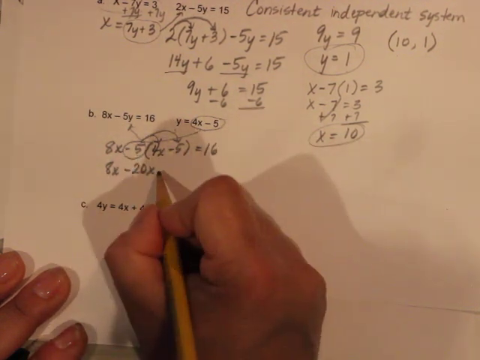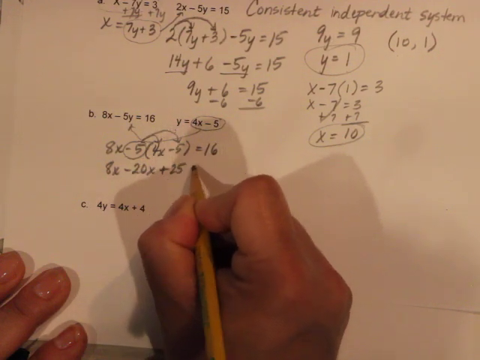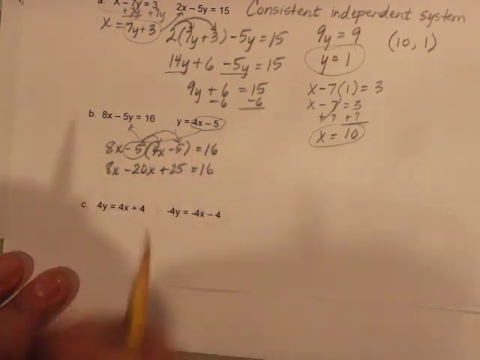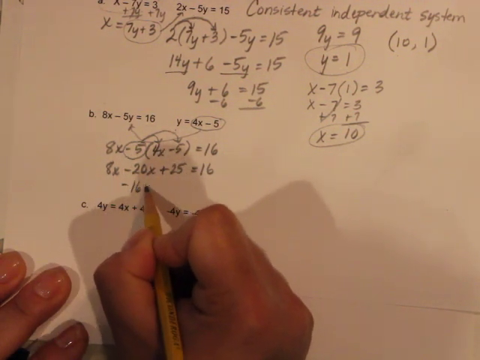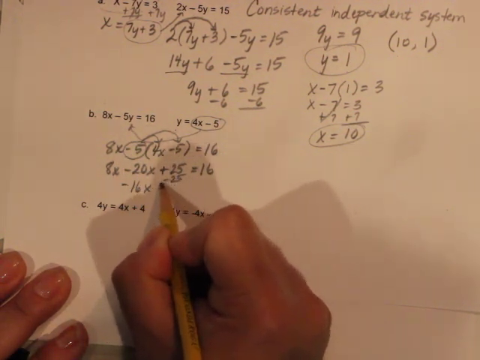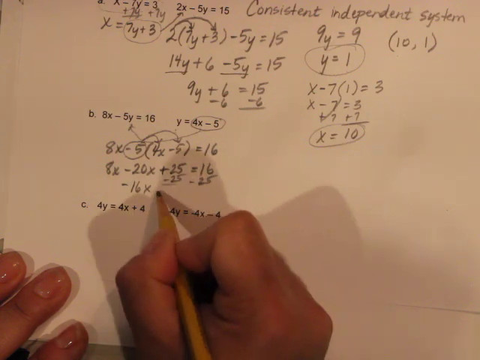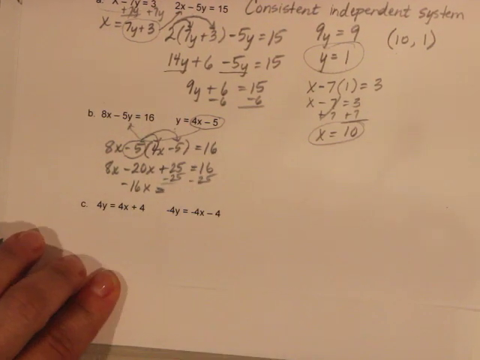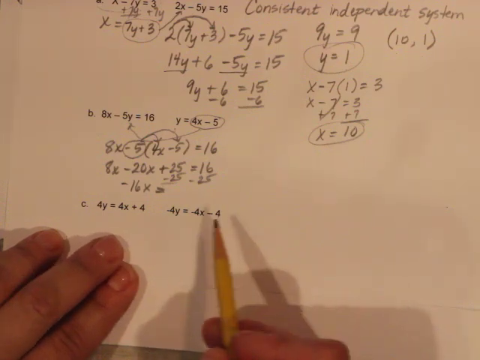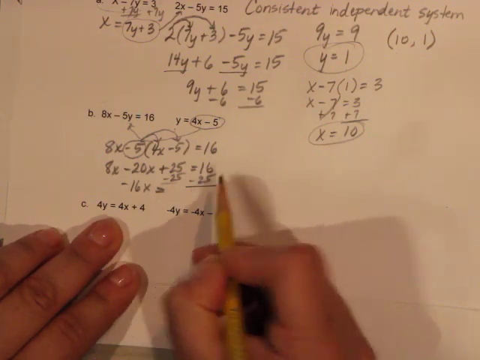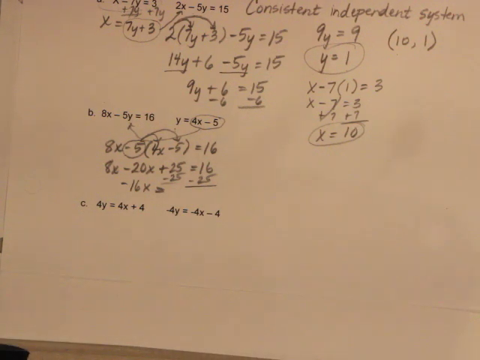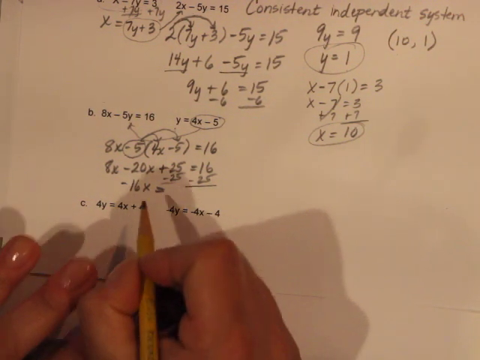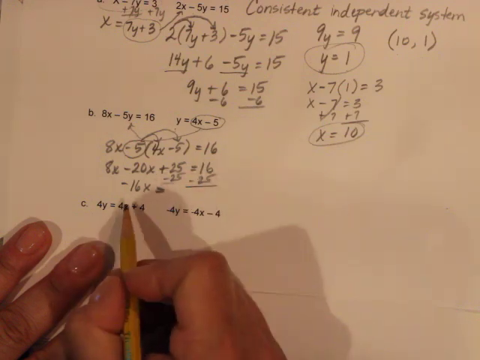Minus 5 times minus 5 is plus 25 equals 16. 8x minus 20x is going to be negative 16x when I subtract 25 from here and subtract 25 from here.